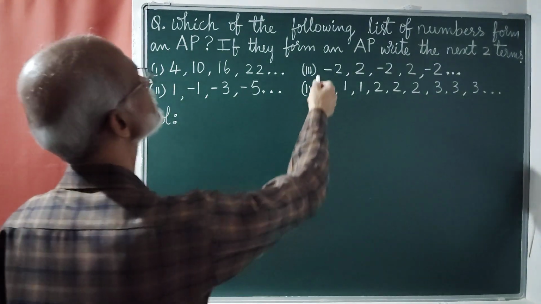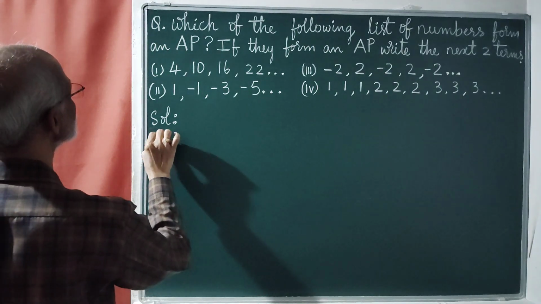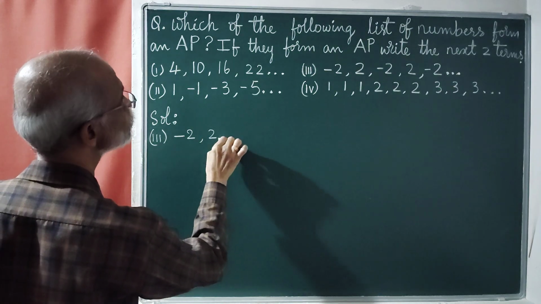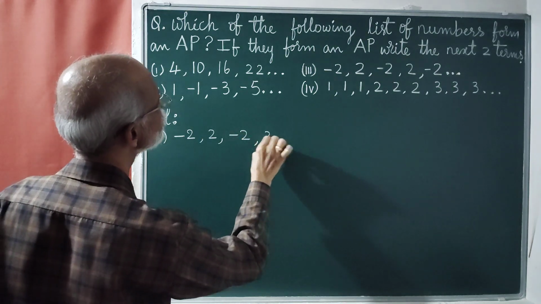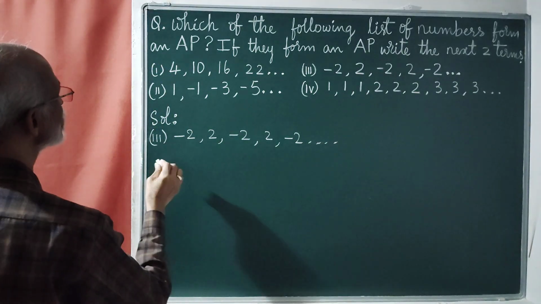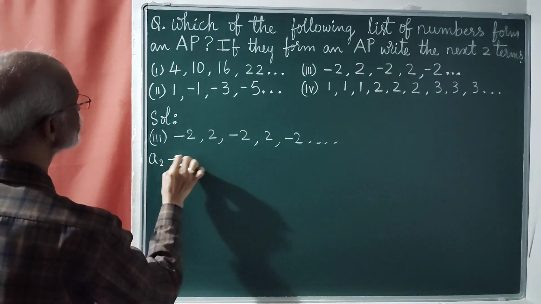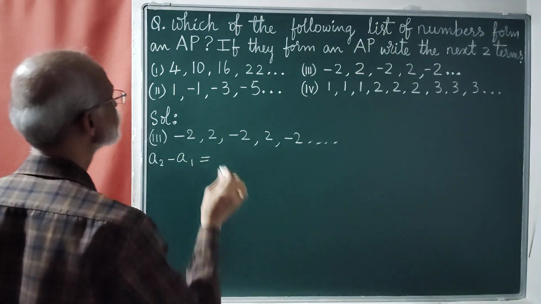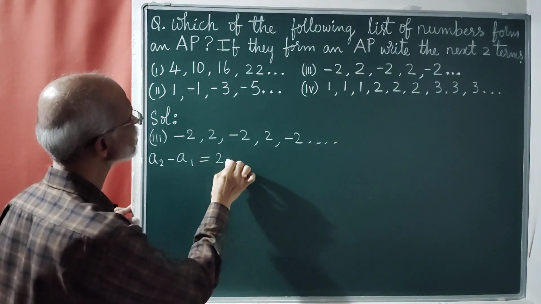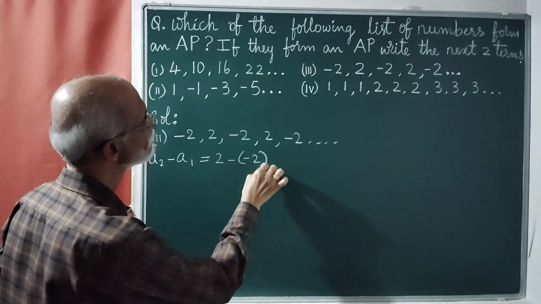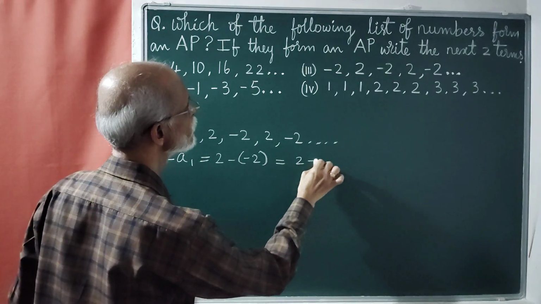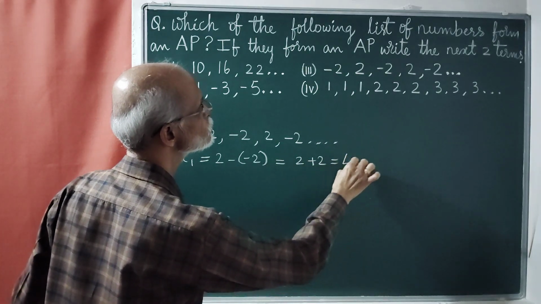Now we will take the third list of numbers. The third list is minus 2, 2, minus 2, 2, minus 2. So A2 minus A1, 2 minus of minus 2, that's equal to 2 plus 2, that is 4.